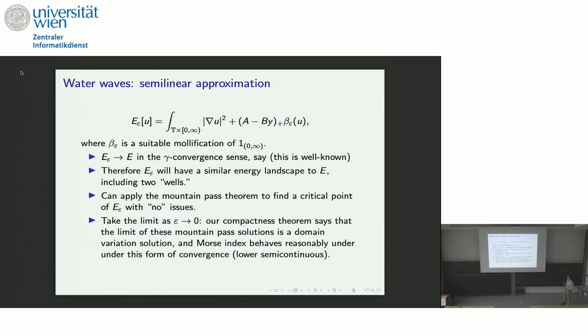Our theorem relies on regularity properties of the limit, not anything about the sequence per se. So the theorem we prove says that the limit of these u epsilons will be a domain variation critical point of this energy. You can also pass the Morse index to the limit, sort of.